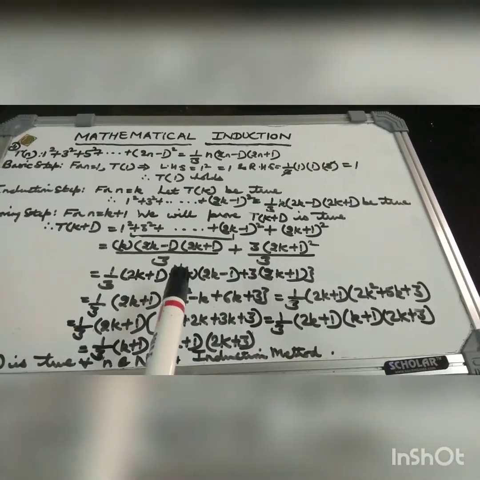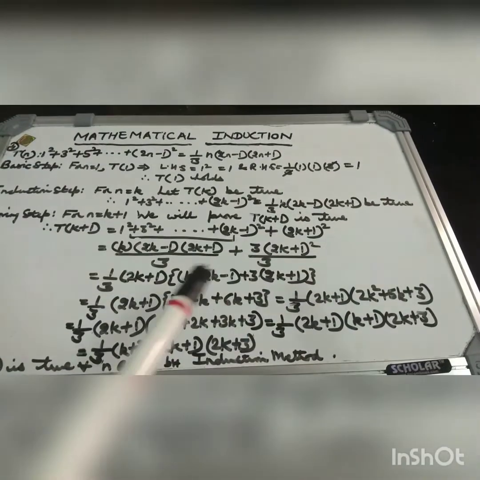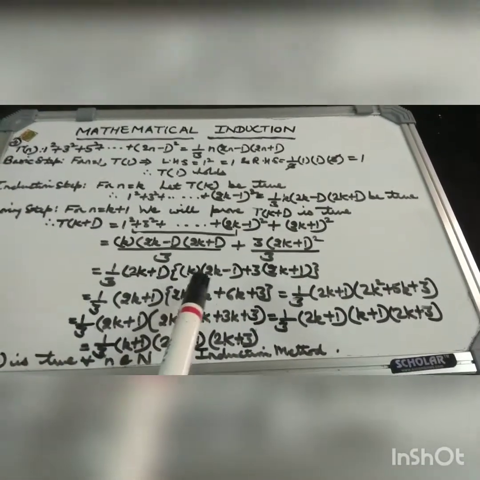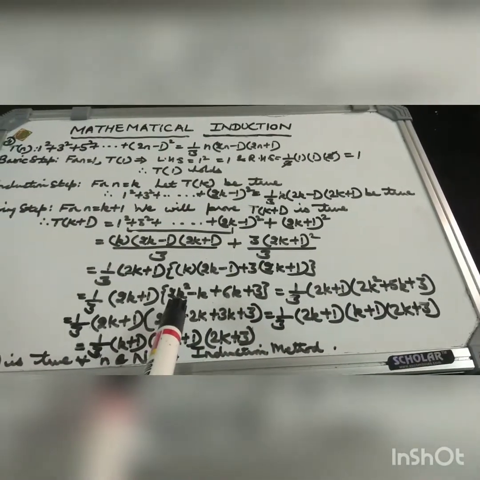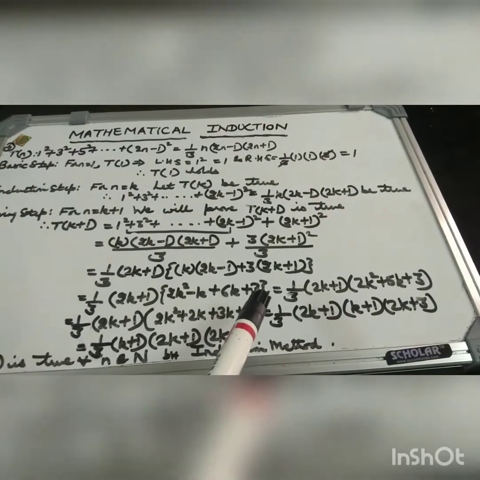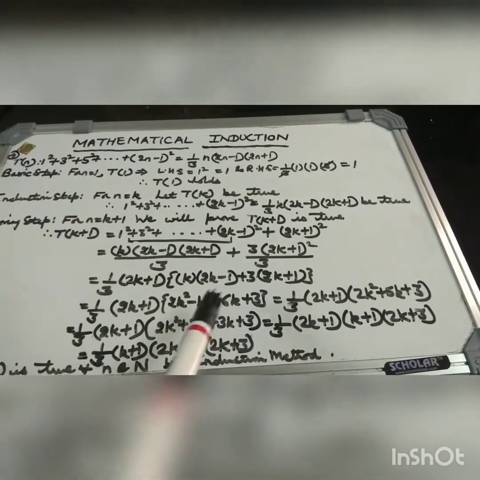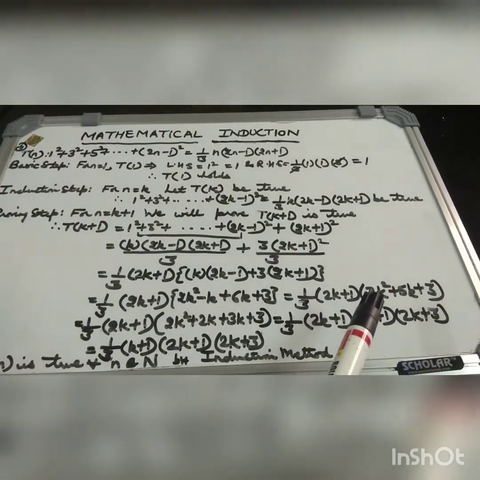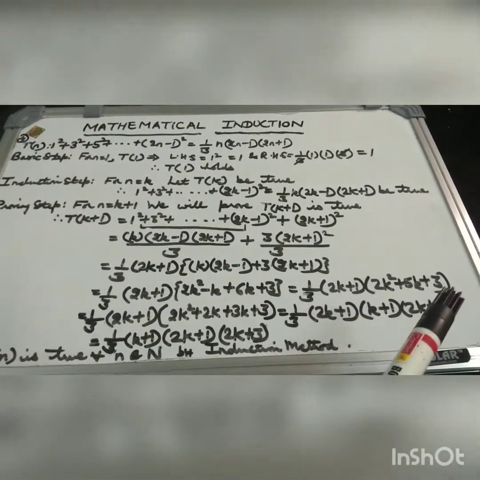Please note this bracket, it is very important. Now 1 by 3, (2k plus 1), we can't do anything. Simplify this bracket, open the bracket: 2k square minus k plus 6k plus 3. Now collect the terms or simplify them further: 2k square plus 5k plus 3.